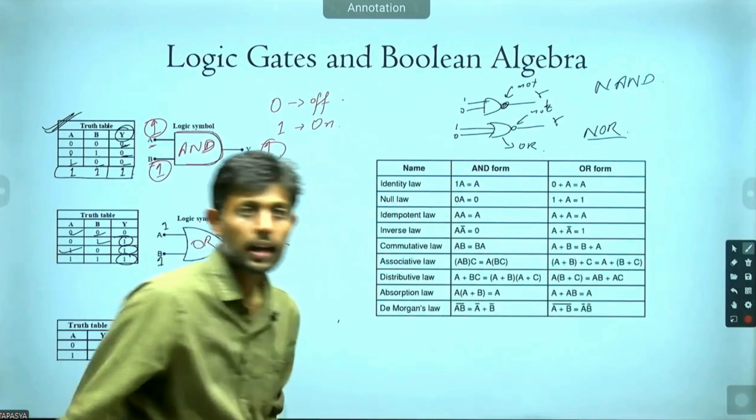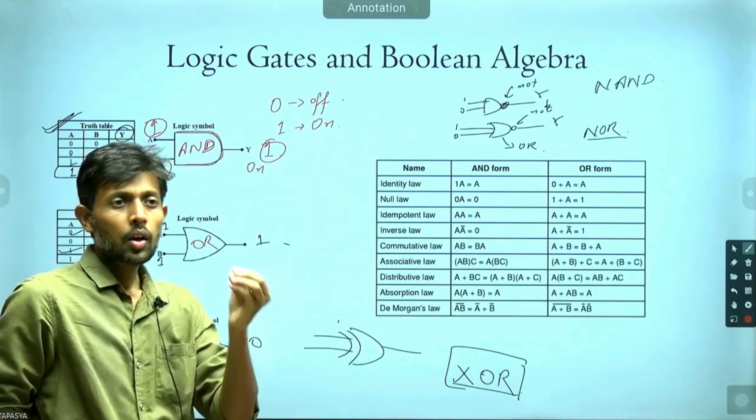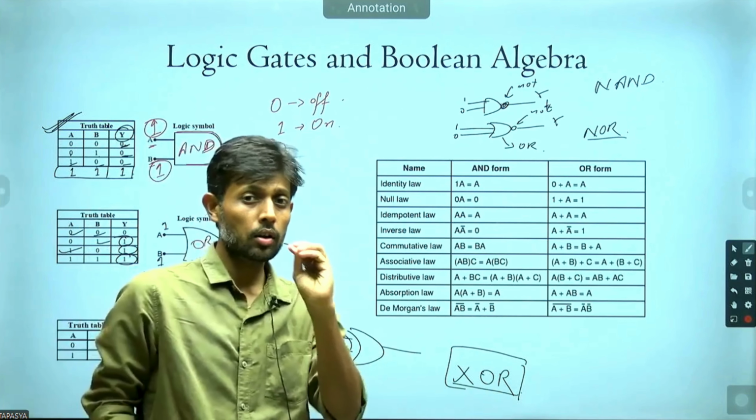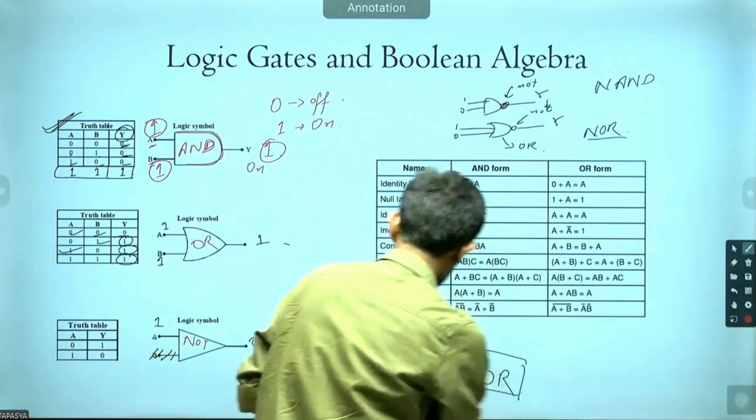And there is something else called the exclusive OR gate. This is the symbol for the exclusive OR gate. The exclusive OR gate only gives you a positive result when there is an exclusive OR. If I draw the truth table for the XOR gate, it'll be like this.